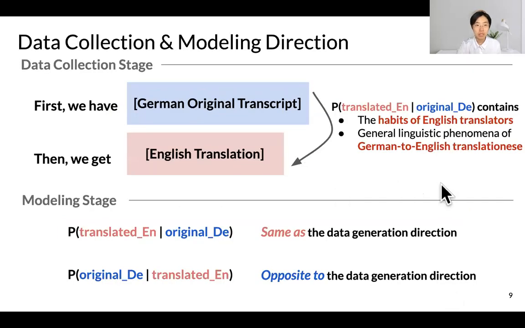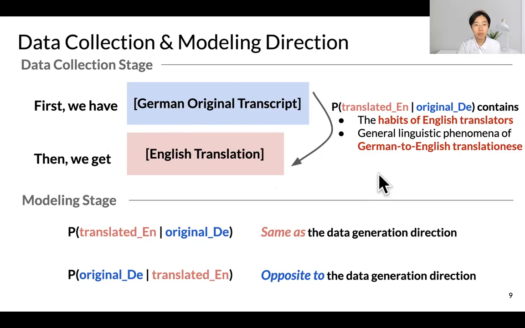More formally, we want to introduce this notion of data collection direction and modeling direction. In the data collection stage, we usually collect one of the variables first, and then based on the first variable, we collect the second variable by a human annotation process.